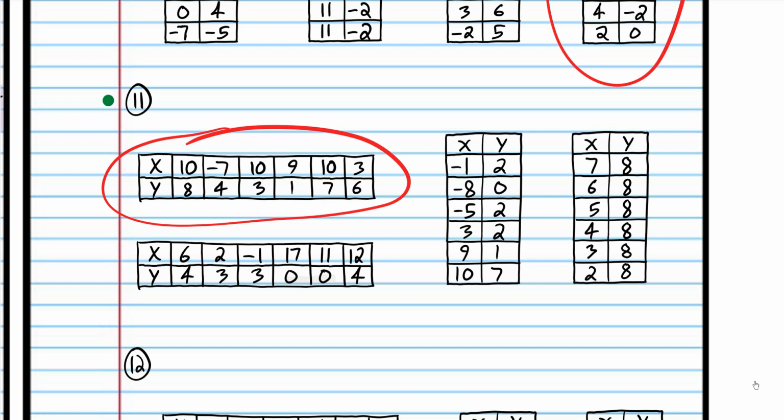Now notice that you have repeated numbers in the y column. That's okay. It's okay to get the same output from multiple inputs. So we get 2 for multiple inputs, -1, -5, 3. Here we get the same output for all kinds of different inputs, but that's okay.